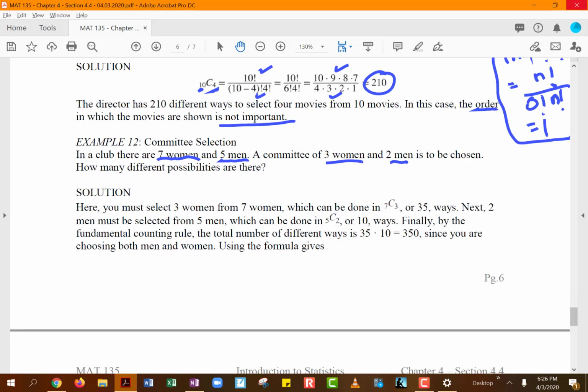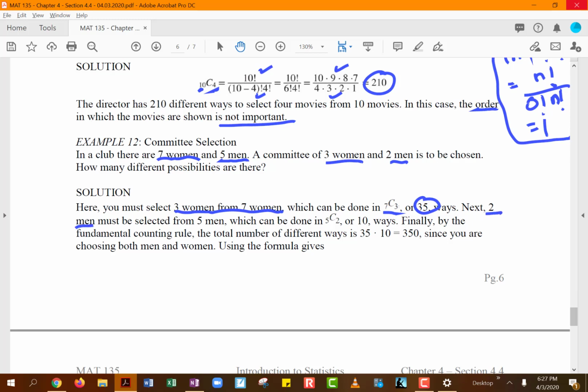So to select 3 out of 7 women, we're going to be using combination 7 out of 3, which will give us 35 different possibilities. And then from the men, we are choosing 2 out of 5. So that's going to be a combination of 5 out of 2, which ends up giving you a total of 10 different ways.